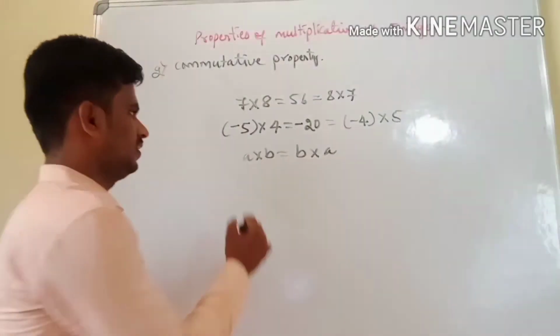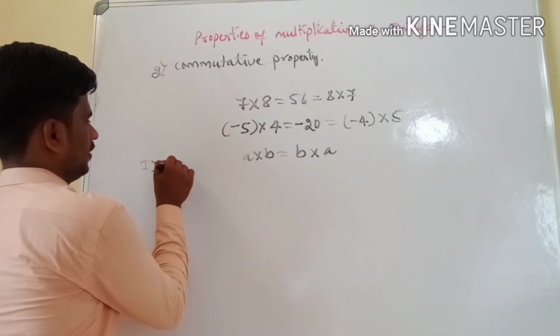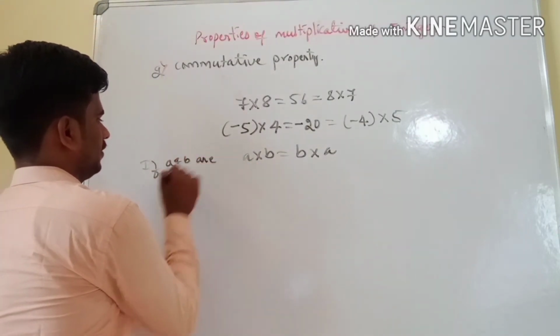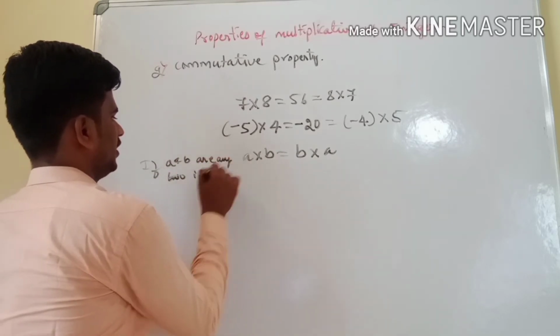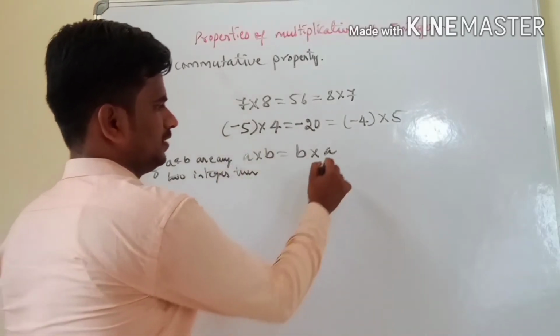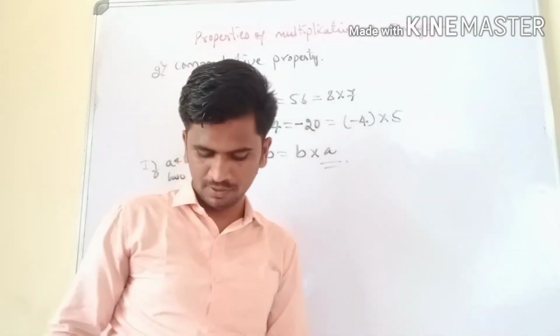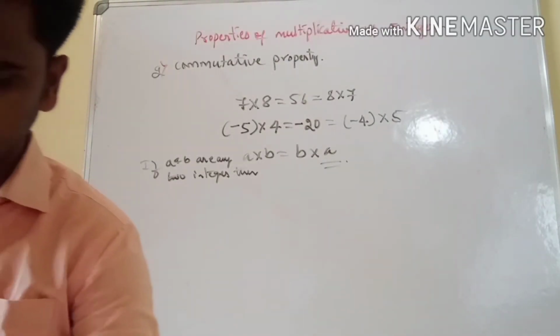That is, if a and b are any two integers, then a into b is equal to b into a. This is the commutative property.